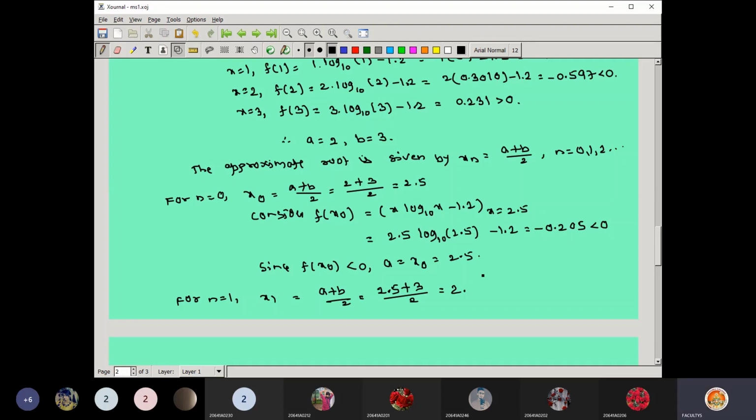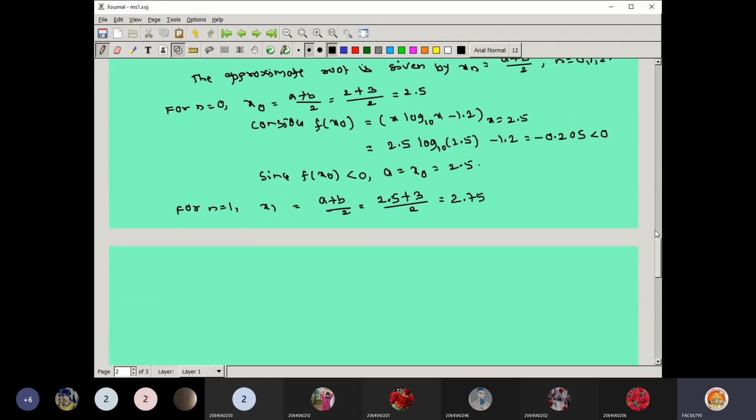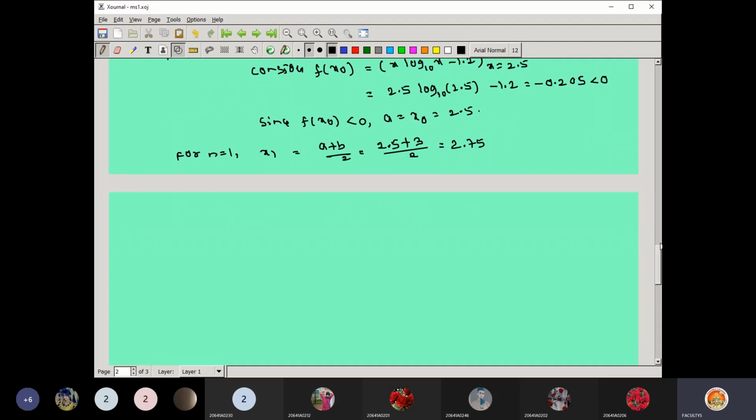How much? 2.75. So once you get that x1 value, again you are substituting in the expression. So consider directly I am substituting here f of x1.